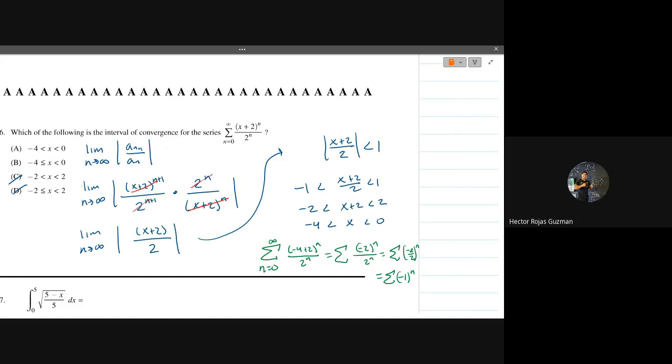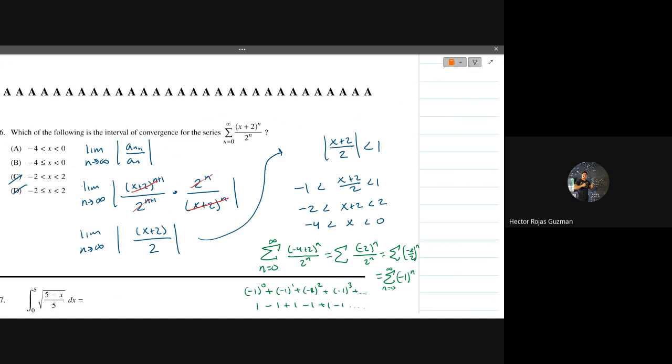This series diverges because if you start getting the terms of this series, we're going to have negative 1 to the power of 0 plus negative 1 to the power of 1 plus negative 1 to the power of 2 plus negative 1 to the power of 3, and so on. That's going to give us 1 minus 1 plus 1 minus 1 plus 1 minus 1, dot, dot, dot.